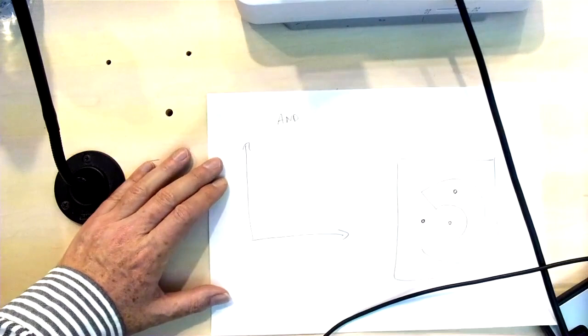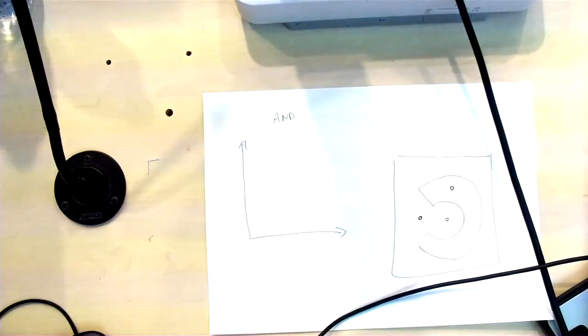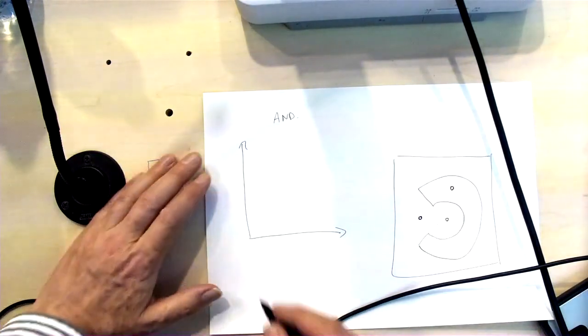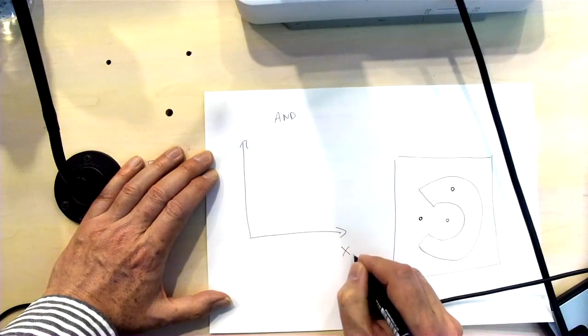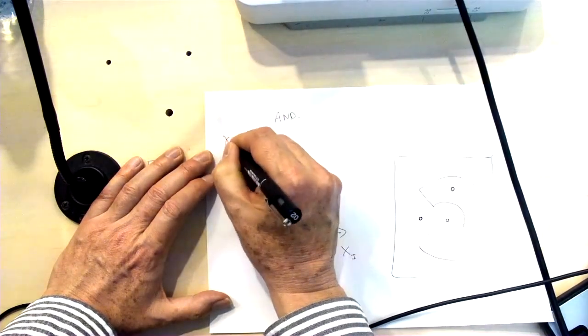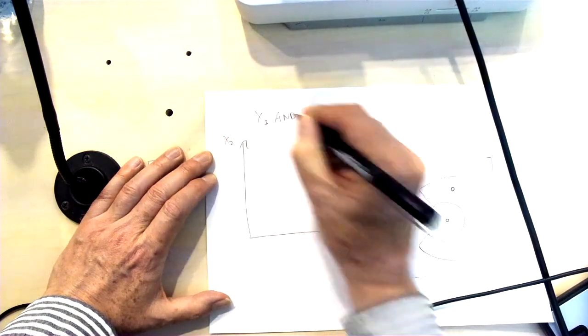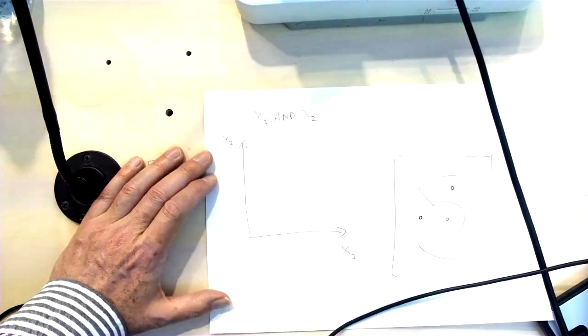We treat 0 as false and 1 as true, and we have two inputs, x1 and x2, and what we want to compute is the logical function x1 and x2.